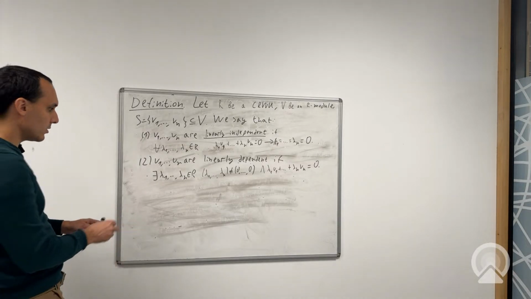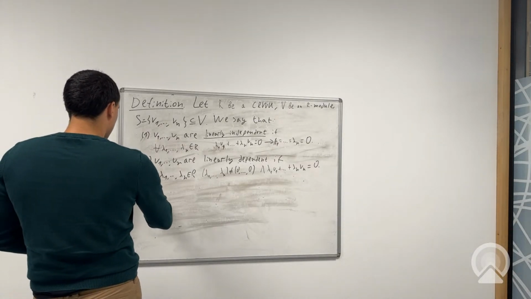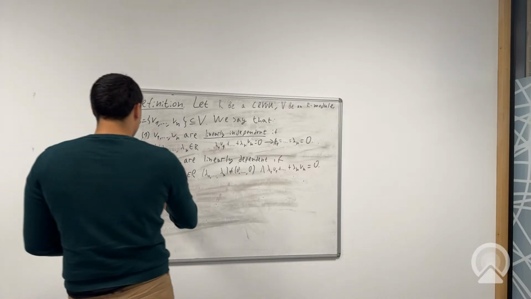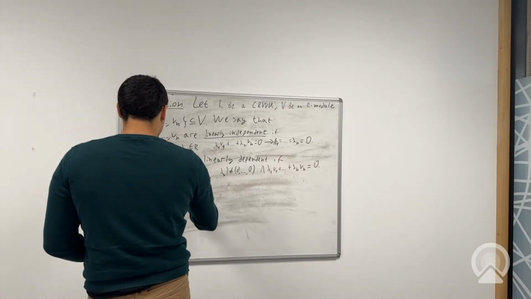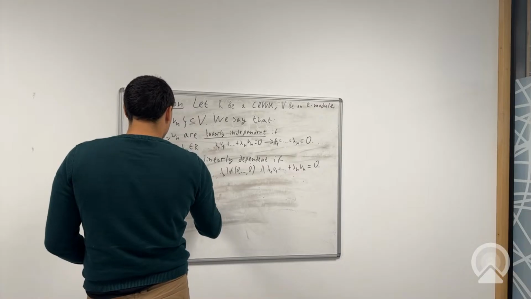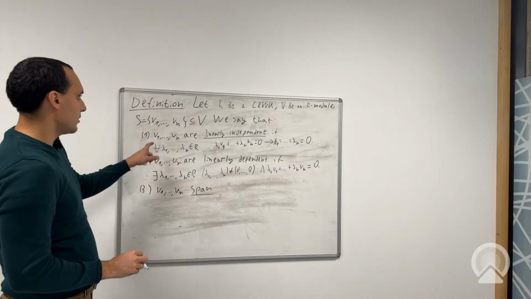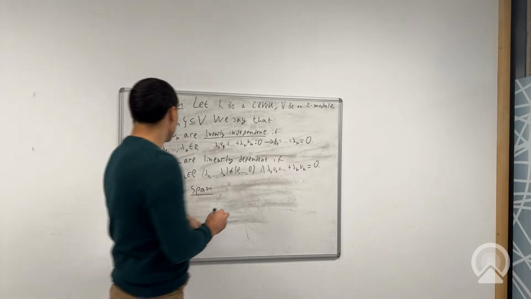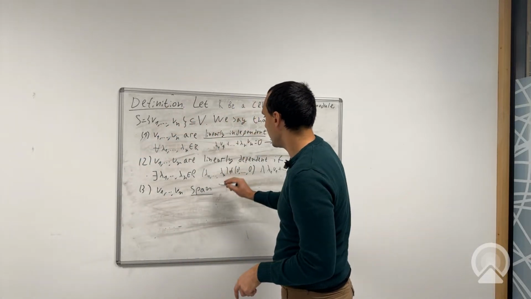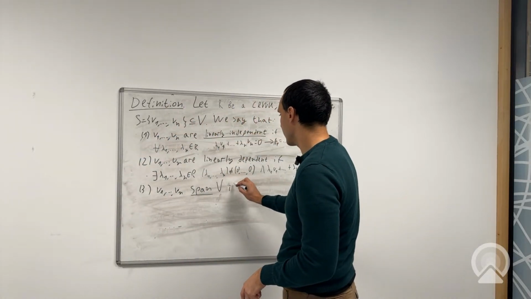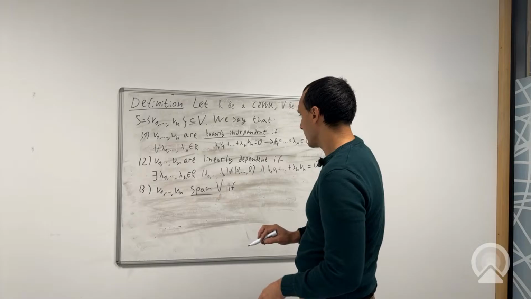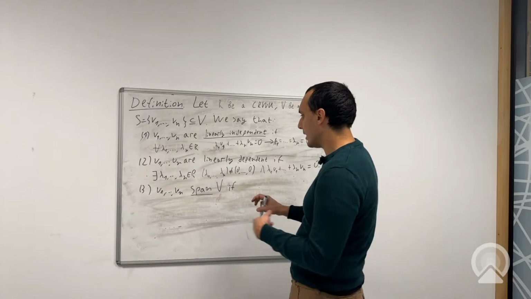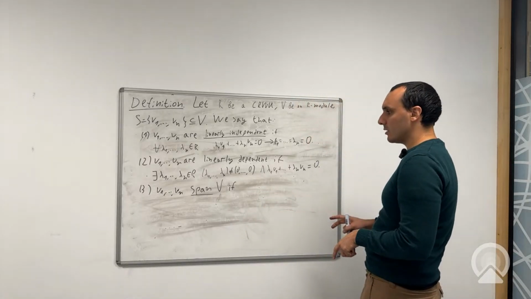But let me just finish the definition and give some examples. Three: we say that v1 to vn span V if any vector can be expressed as a linear combination.